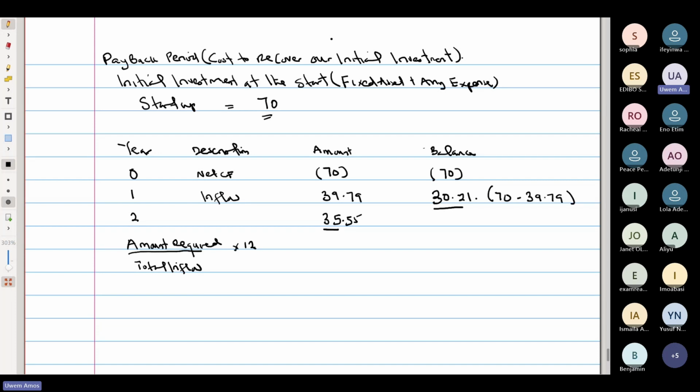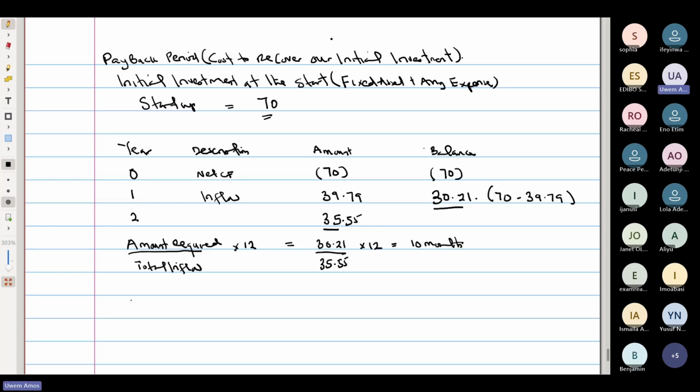So how many months will it take us to recover 30.21? It would be 30.21 divided by 35.55, multiplied by 12. Rounded up, that's 10 months. So it takes us approximately 10 months.